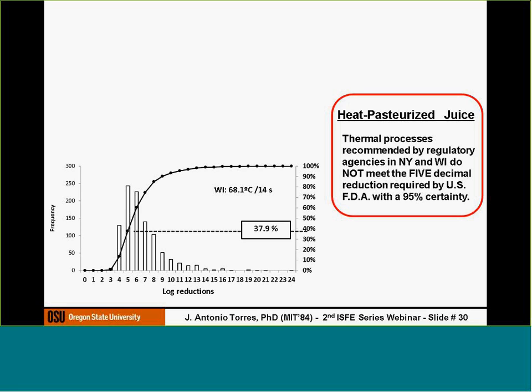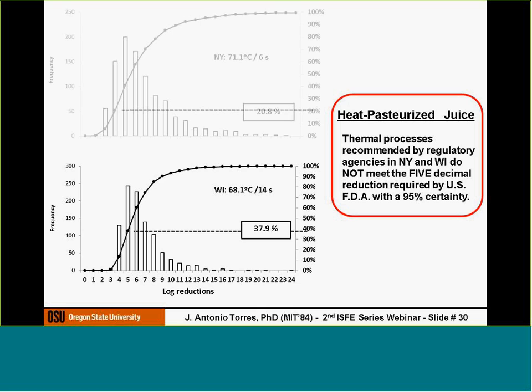If we look at New York, the recommendation of 71.4 seconds. So the probability is 20.8.